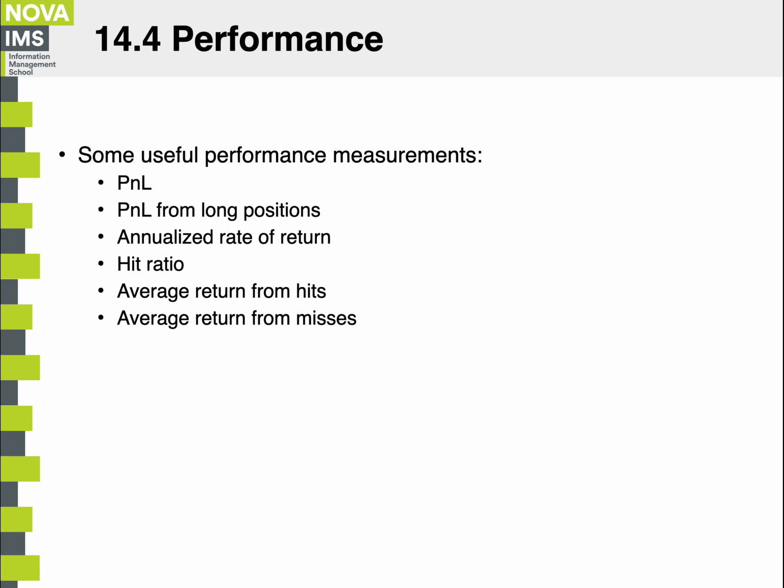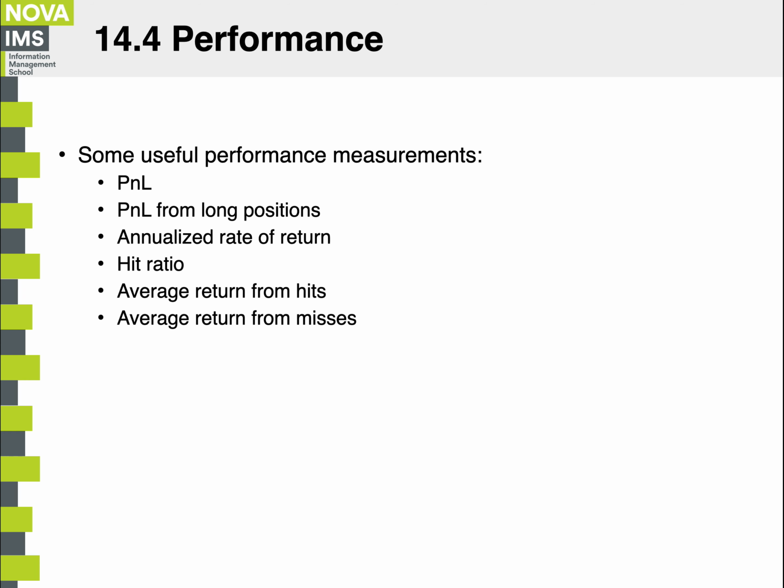Annualized rate of return is the time-weighted average annual rate of total return, including dividends, coupons, and costs. Hit ratio is the fraction of bets that resulted in a positive P&L.